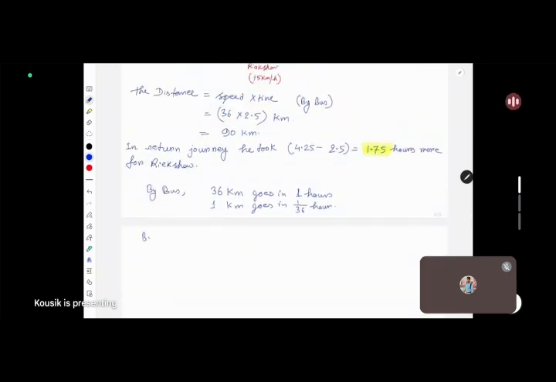By rickshaw 15 kilometer, এটা কেন? The speed is 36 kilometer per hour, that means he goes 36 kilometer, আর এটা স্পিড ছিল 15 কিমি per hour.